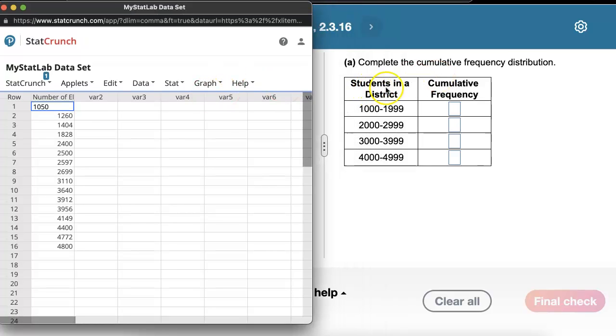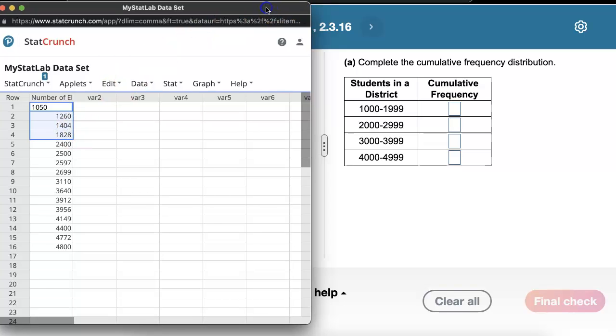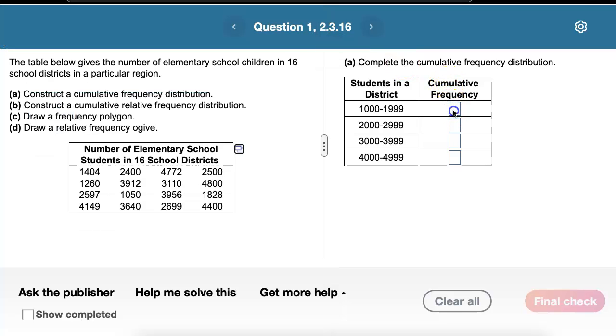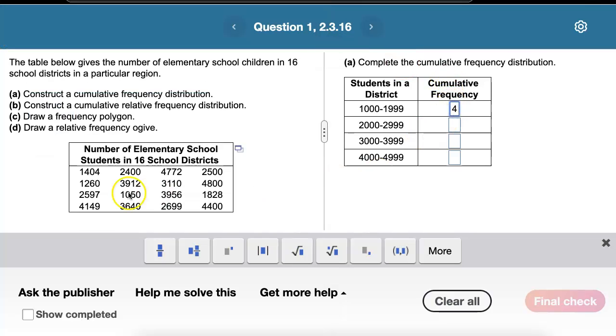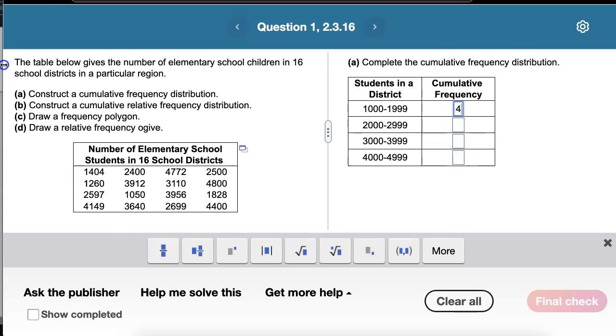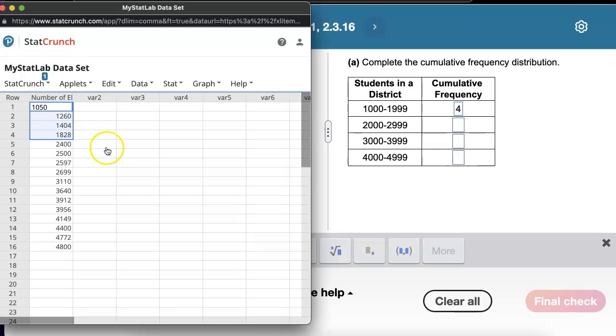And where it says students in a district, from 1,000 to 1,999, I can quickly count. There are 1, 2, 3, 4 of those schools. And let me grab that window.